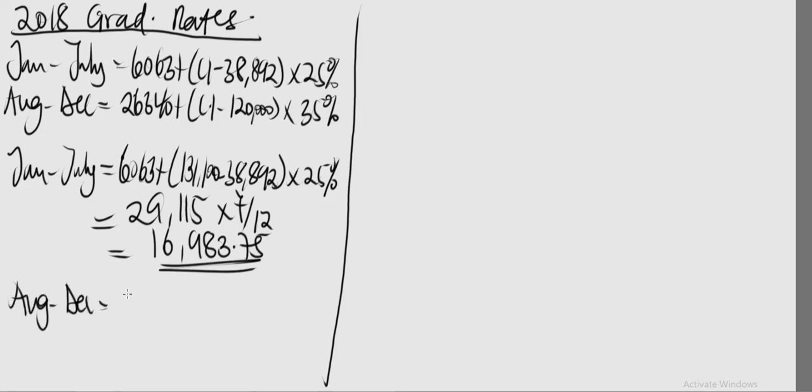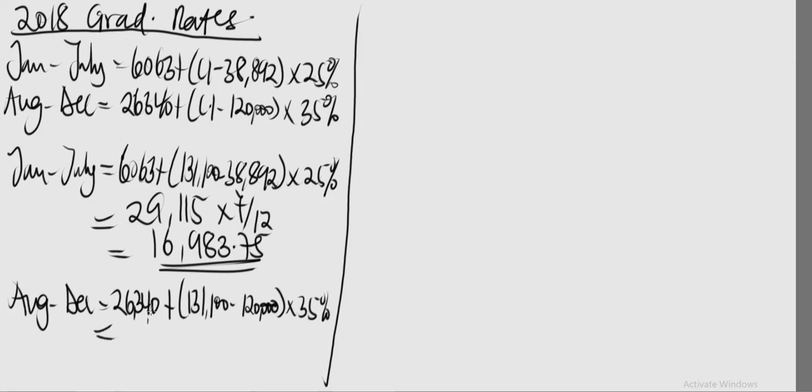We still insert the same 131,100 into the formula. So this side was 26,340 plus our chargeable income, which was 131,100 minus this time 120,000, all at 35%.